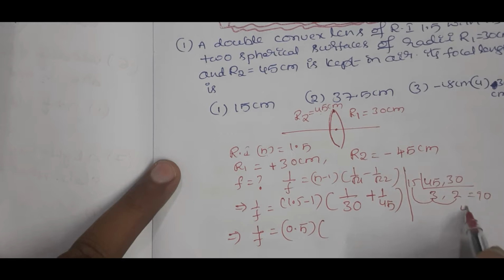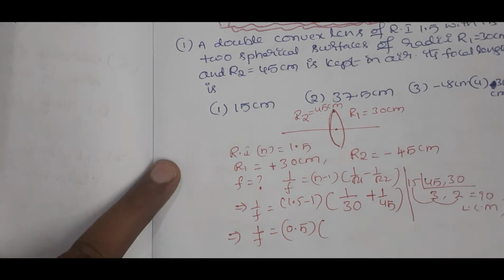So the LCM is 90, students. Then on cancellation it will become 3 and it will become 2.